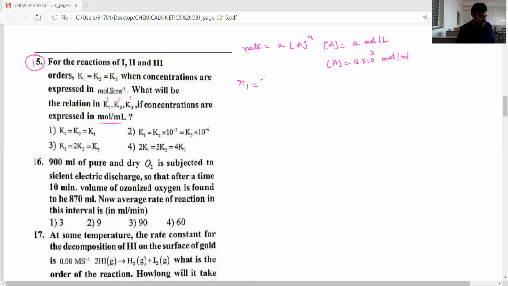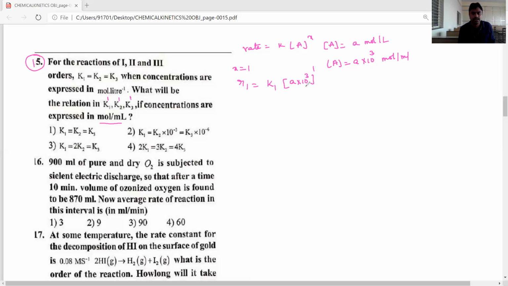Then R1 is equal to K1 into concentration of A into 10 to the power of 3, whole to the power of 1, because the order is equal to 1.